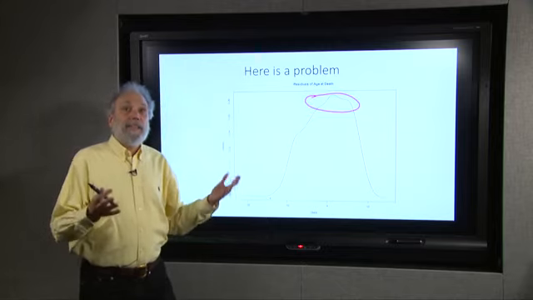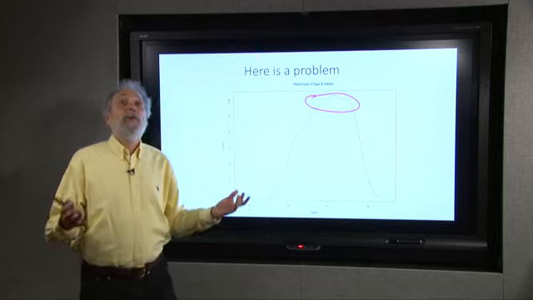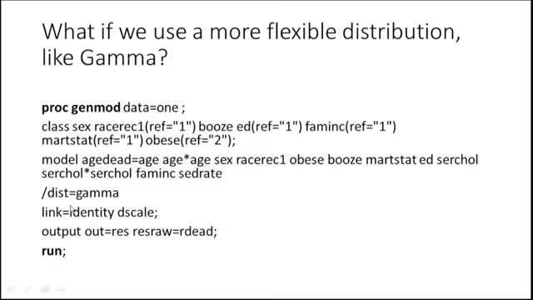What if I did something that was more flexible? When we talked about generalized linear models, I mentioned the gamma distribution. The gamma distribution can model skewed data. Skewed is one of the forms that the gamma distribution fits pretty well.